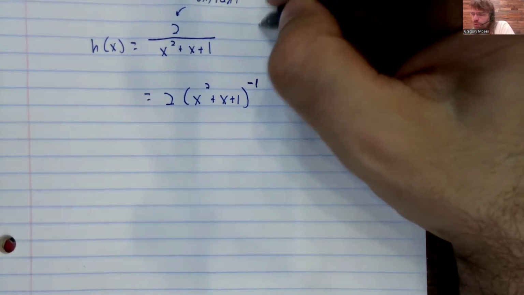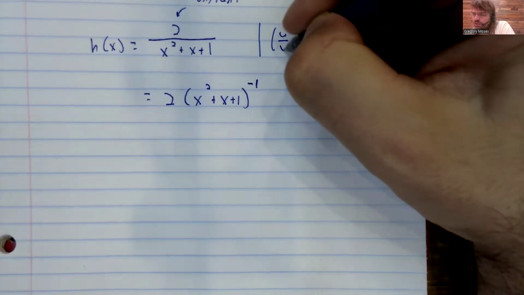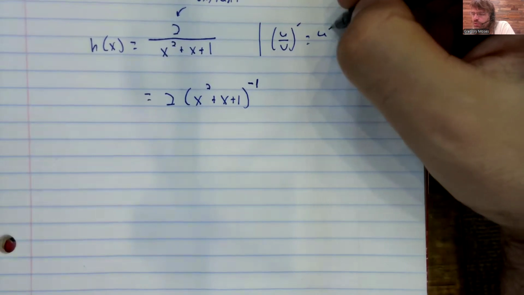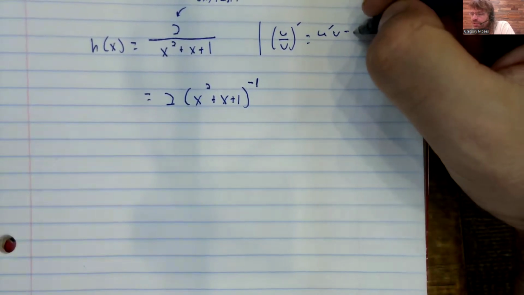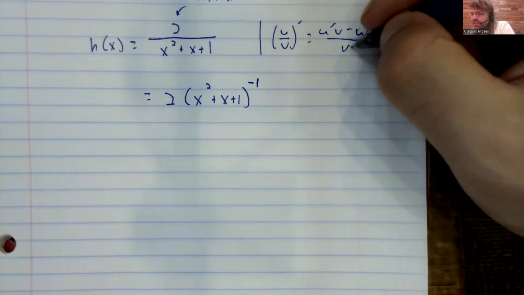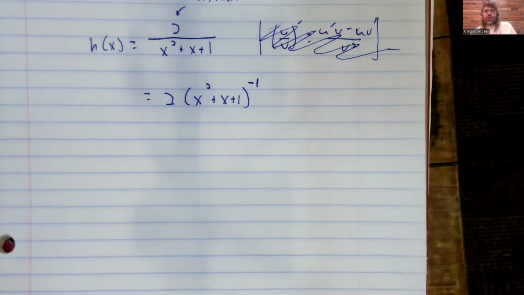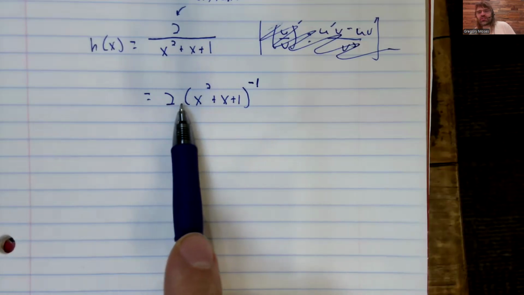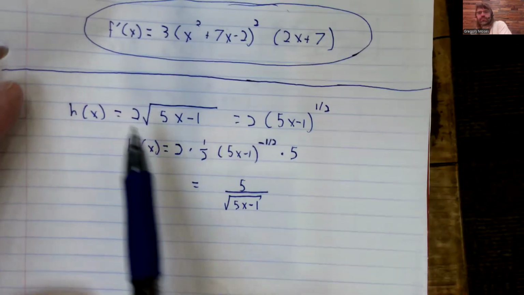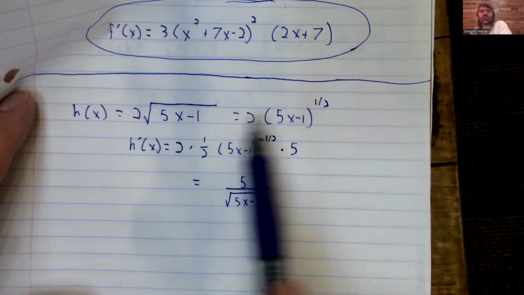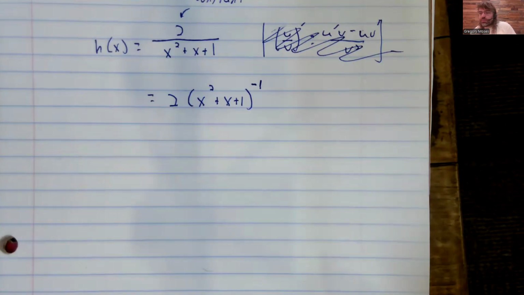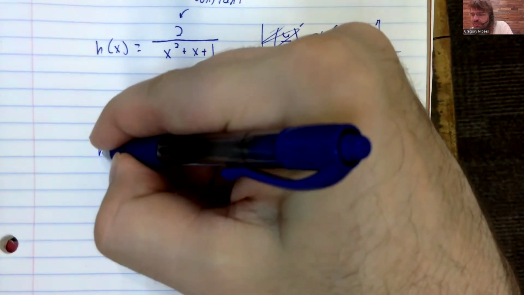The quotient rule, that u over v prime equals u prime v minus uv prime over v squared. That's about as messy a rule as we have in this course. Whereas if we rewrite this, now we just have a constant times a power, and it basically turns into the last example.